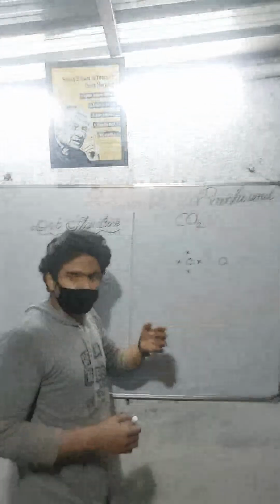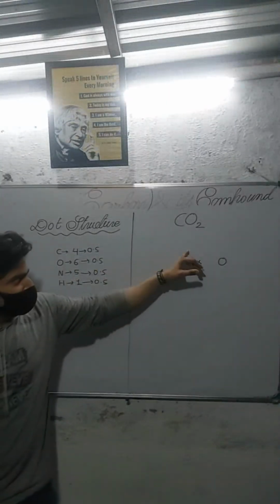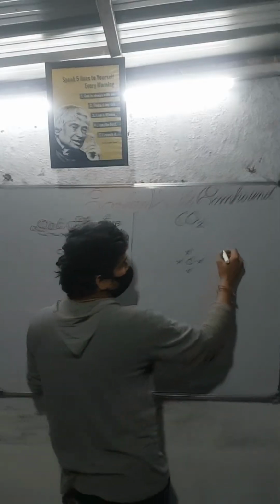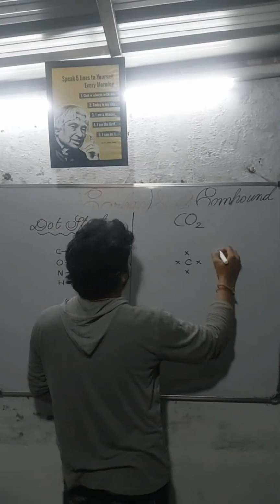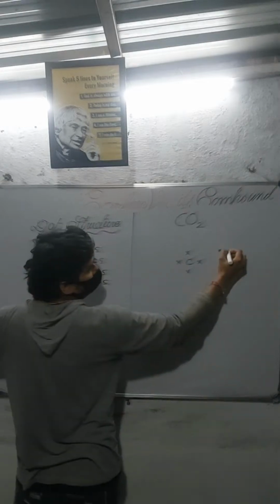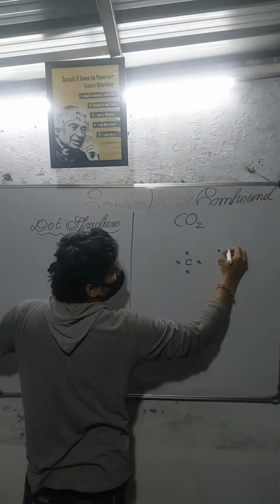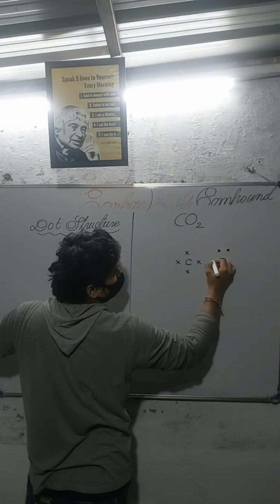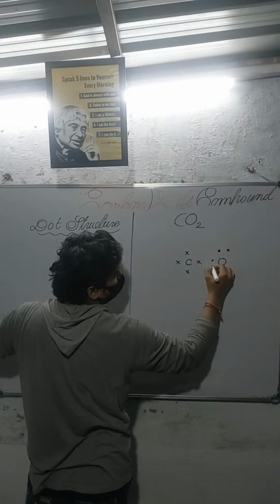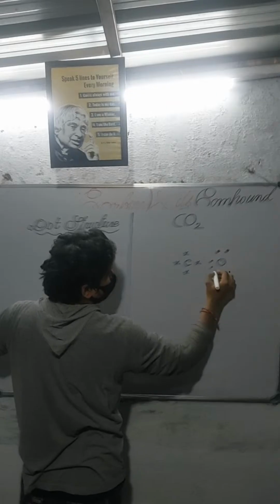Carbon is the main atom. Yes or no? Because the name of the chapter is carbon and its compounds, carbon and its allotropes. The central one is always like that, okay? Oxygen, how many electrons? 6. 1, 2, 3, 4, 5, 6.